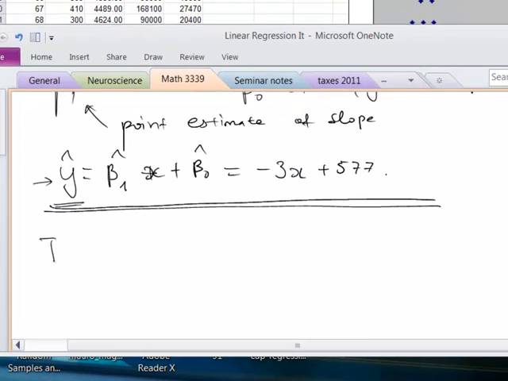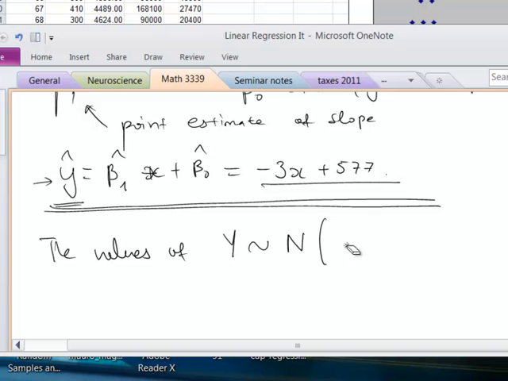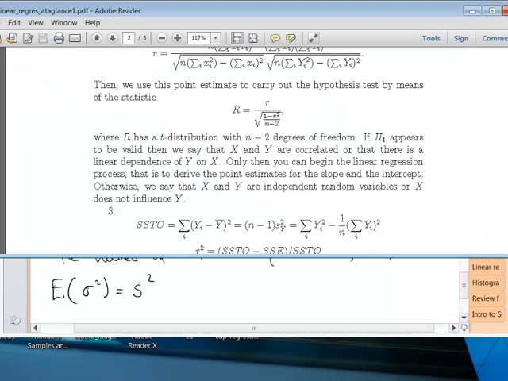What we know is that the values of y have a normal distribution which has the mean y hat, which you calculated here, namely negative 3 times x plus 577, and a standard deviation sigma. An estimate of sigma is the s that you see in our notes here.